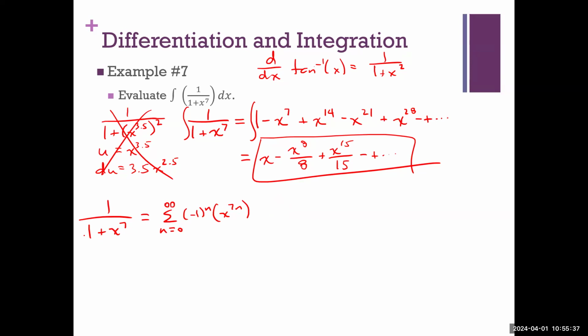Good. So I think that's a good representation for the function that was inside the integral. Then what's a good sigma representation for the antiderivative of it?